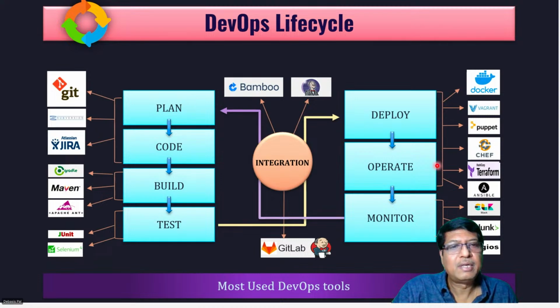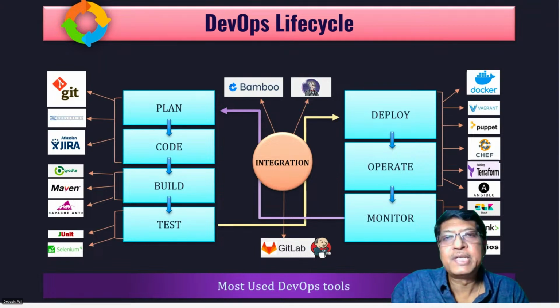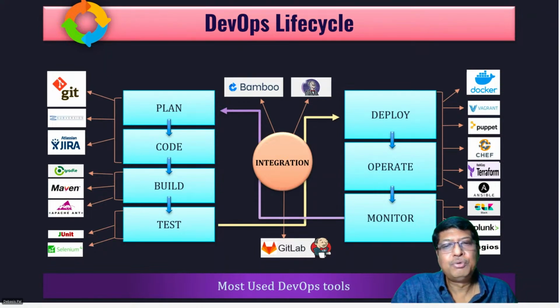On the right hand side, which is the operations domain, you will find Docker. On the left hand side is the developers domain, and on the right the operations domain. You are omnipresent, you are omnipotent. Omnipresent means you are present everywhere. Omnipotent means you are all powerful. Because you are not restricted to any single domain.